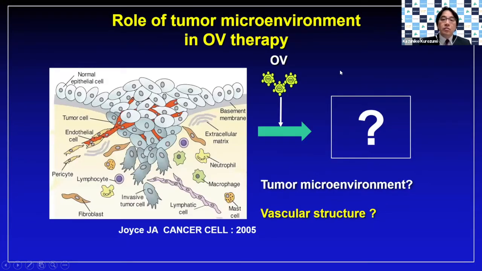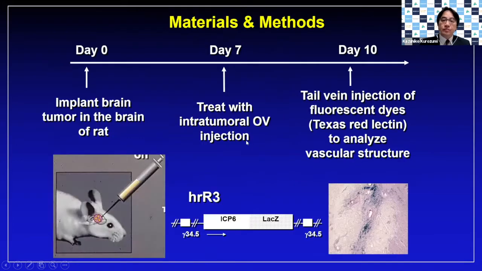At Ohio State University, I researched the role of the tumor microenvironment in OV therapy. For example, we used a rat glioma syngeneic model. We implanted a brain tumor, then 7 days later treated with intratumor injection of the oncolytic herpes virus HR3.